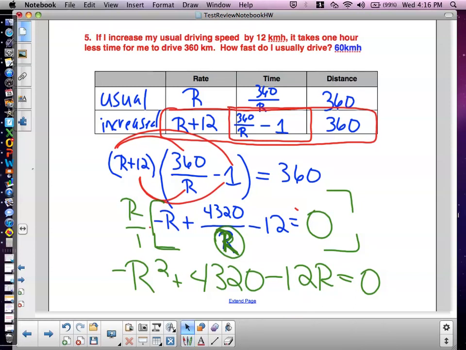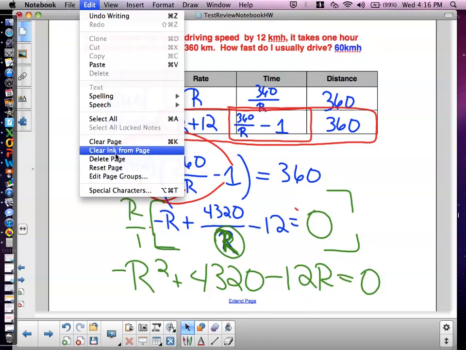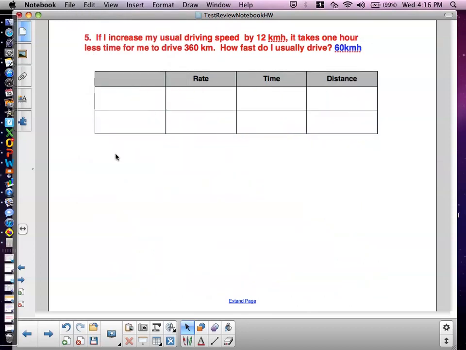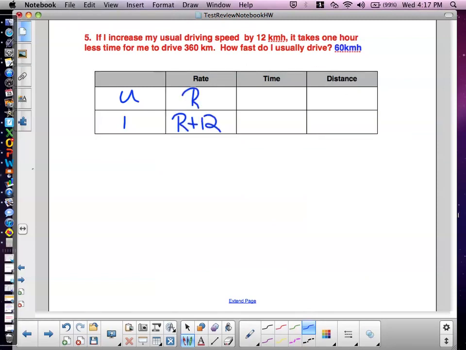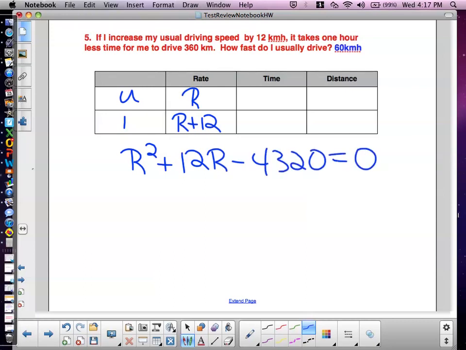I'm going to clear the screen and pick up with this quadratic and factor it to answer the question. So I have my usual rate, my increased rate, and I'm dealing with factoring a quadratic, which I will rewrite so that I have a positive lead coefficient. My constant's negative, so I'm looking for factors that differ.